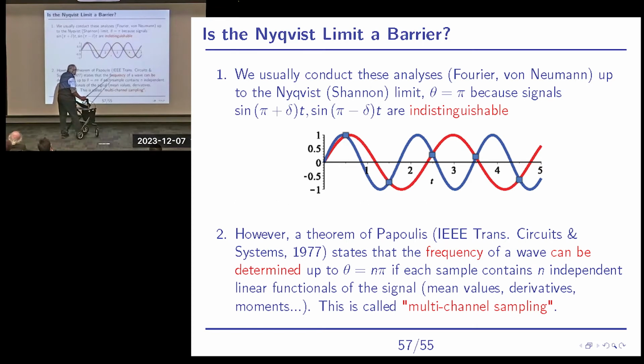So Papoulis's theorem says, in principle, it doesn't matter what extra information you have. You just need enough of it. Now, that's clearly not true in practice, but in theory, that is the result. This is another example of a question where I know the answer, but I'm not completely sure what the answer means. But anyway, this is called multi-channel sampling, and I'd very much appreciate it if there's somebody else in the audience who knew more about this than I do.